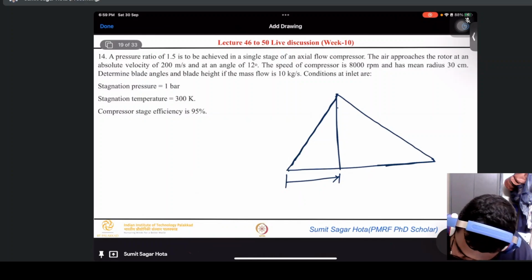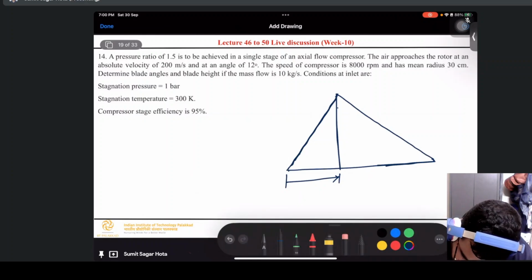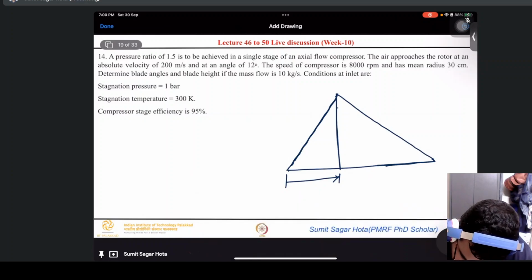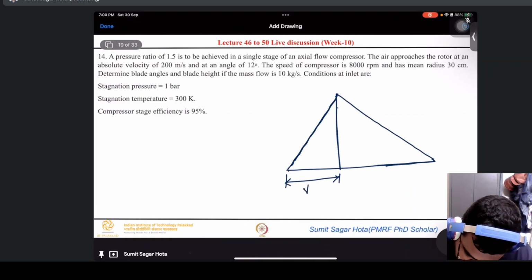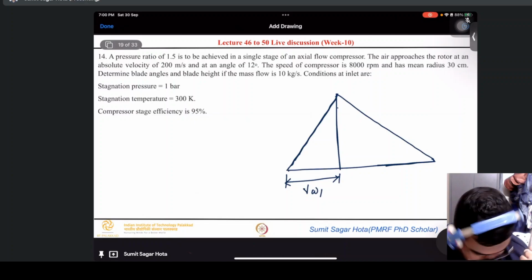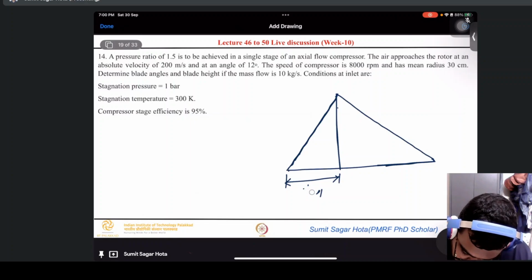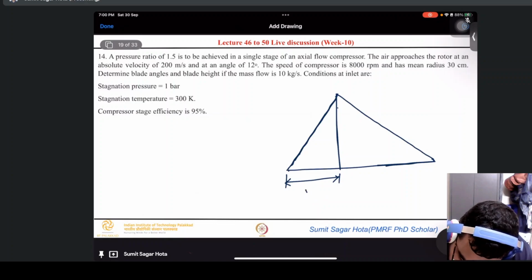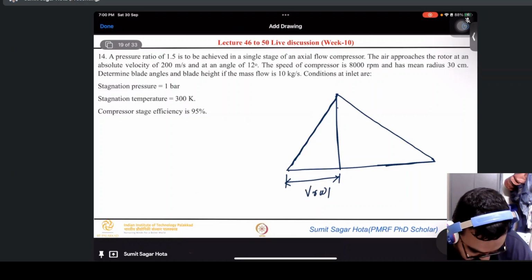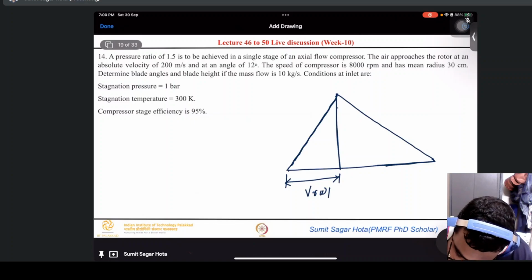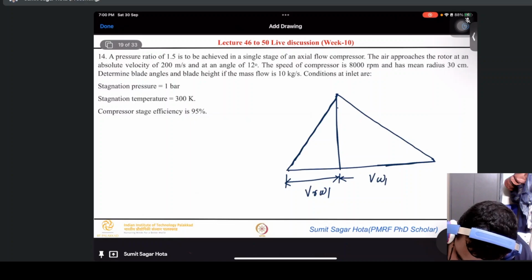This is your VW1. More specifically, you can write down VRW1, this is your real VW1.